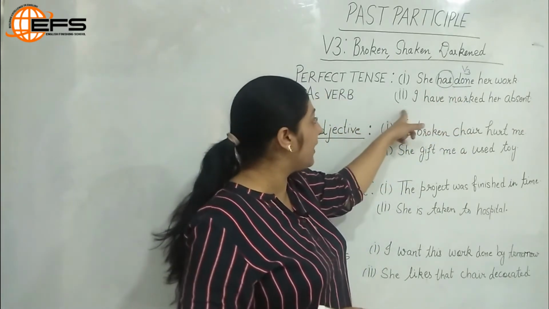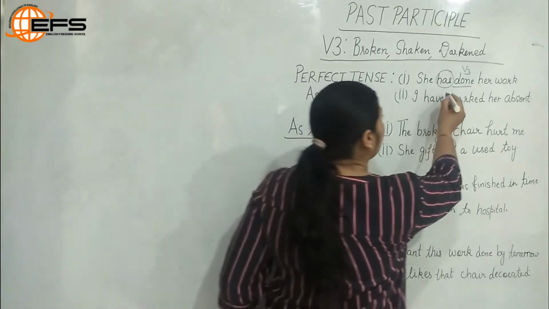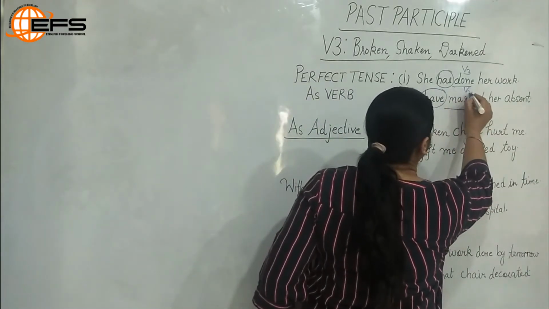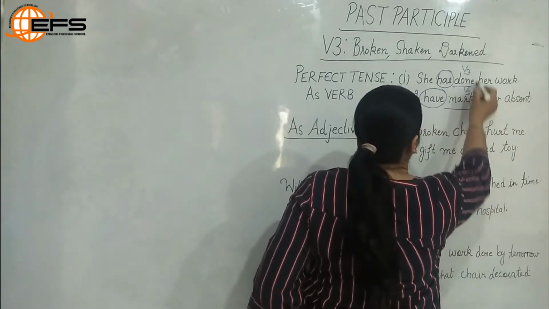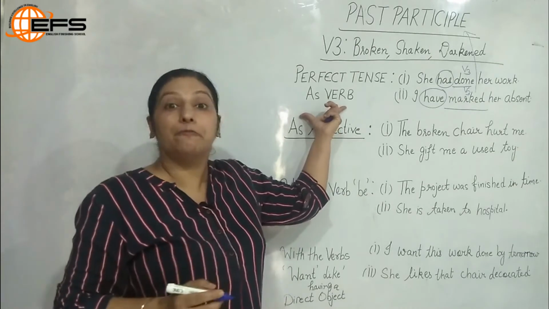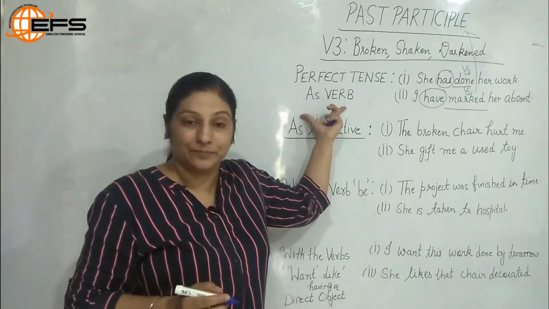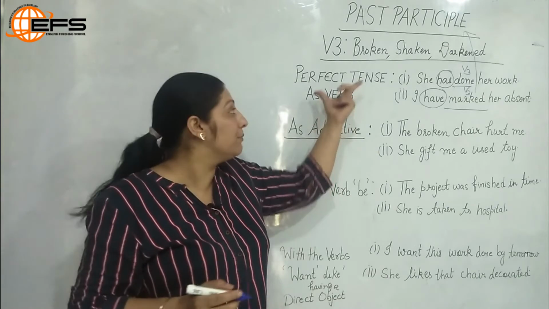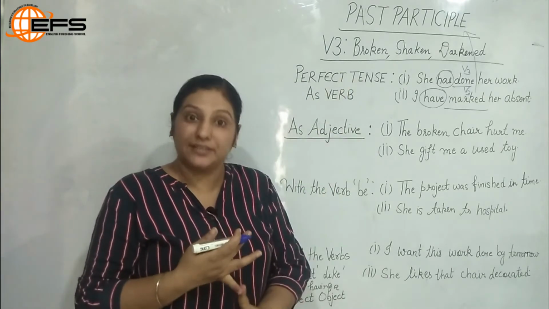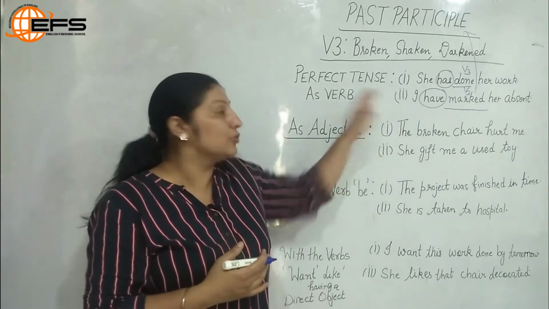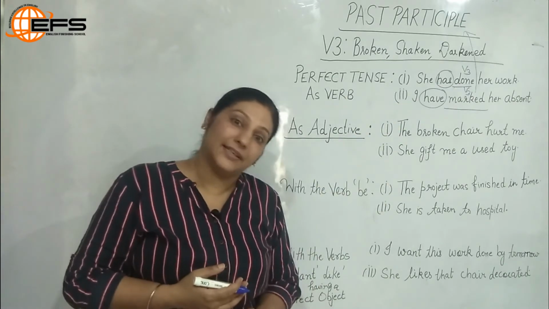So, the next example we have is I have marked. Here, have is the finite verb and marked is the non-finite verb, the third form of the verb, which is an example of past participle, and it is functioning here as a verb. So, we can say past participle is always present as a verb in the perfect tenses, may it be present perfect, past perfect, or future perfect. This is how it works as a verb in a sentence.